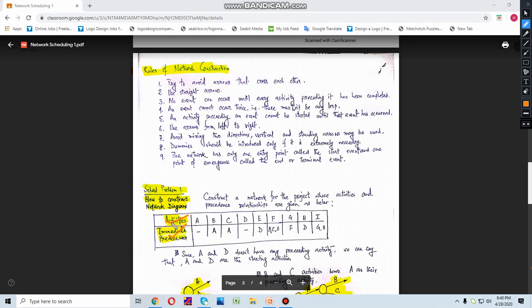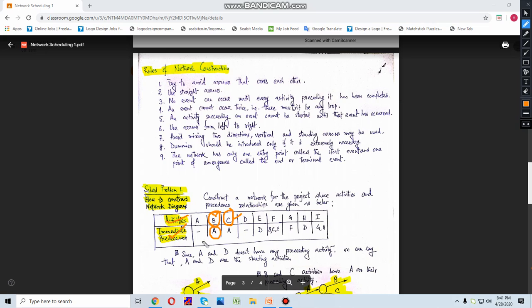The conditions are given here. Consider the activity B. It has a preceding activity of A. That means until and unless A has been completed, this B, and similarly this C, can't start. The relationship suggests that these two activities B and C have to be generated from their immediate predecessor.